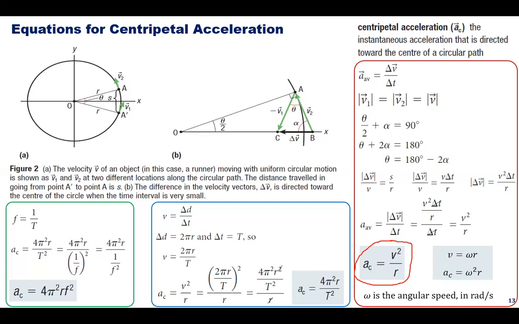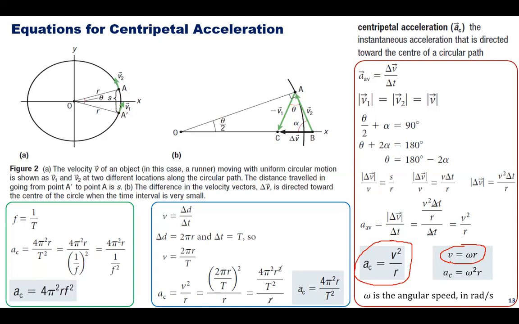Okay, and also note that because we have this relationship, the linear speed v equals the angular speed omega times the radius r, right?